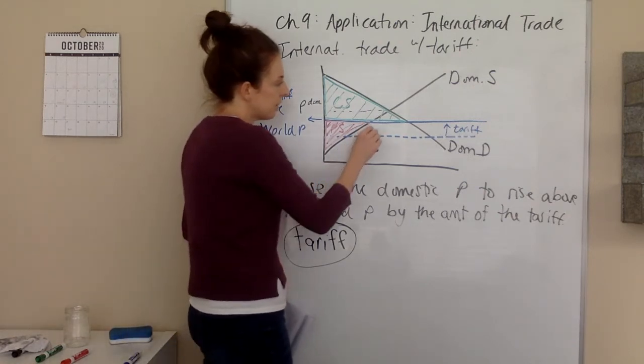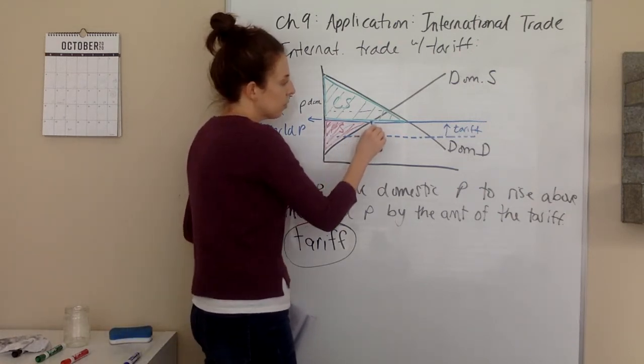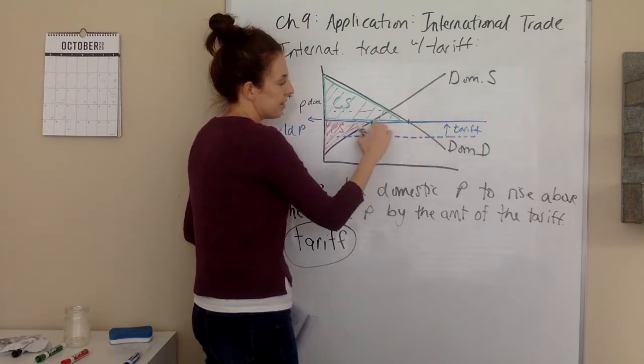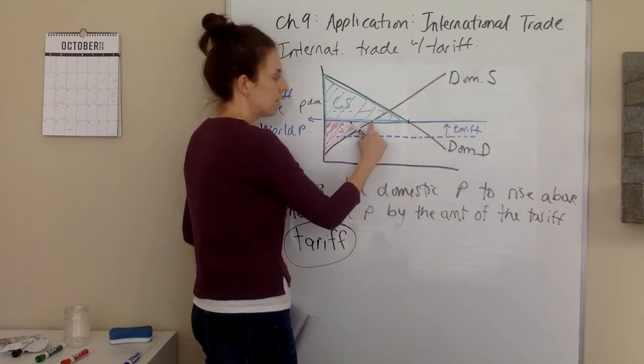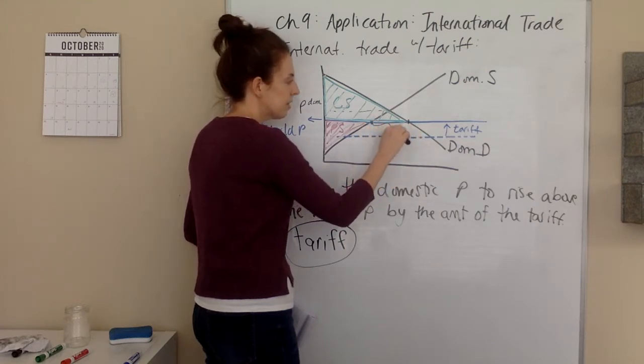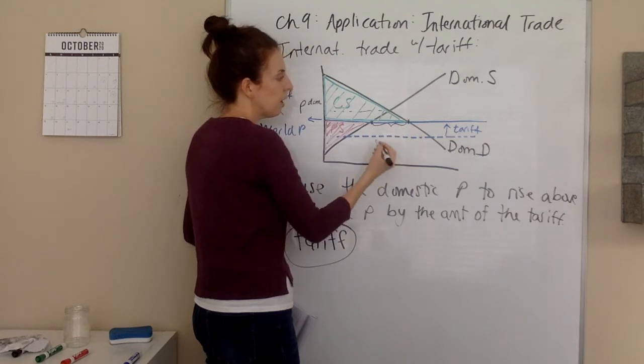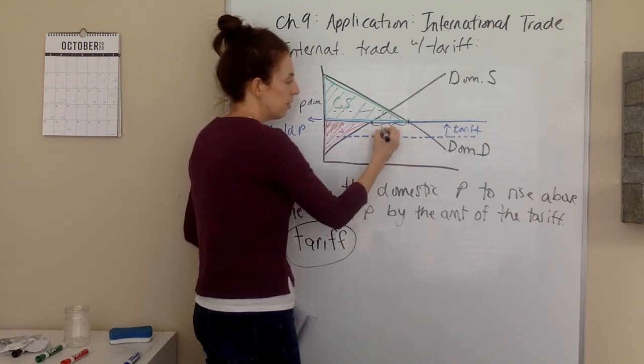So what that means is if this is the relevant price, and at this price, this is the number of units that are demanded domestically, this is the number of units that are supplied domestically, then this little leg here will be the number of units that are imported.